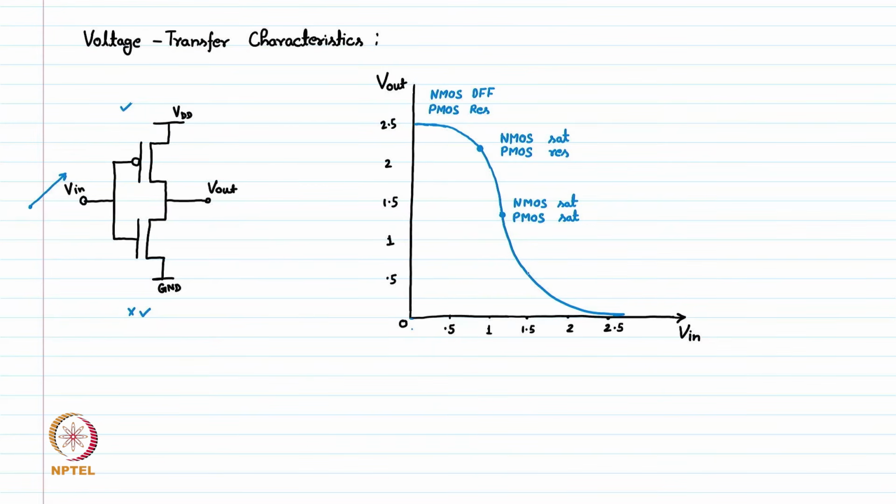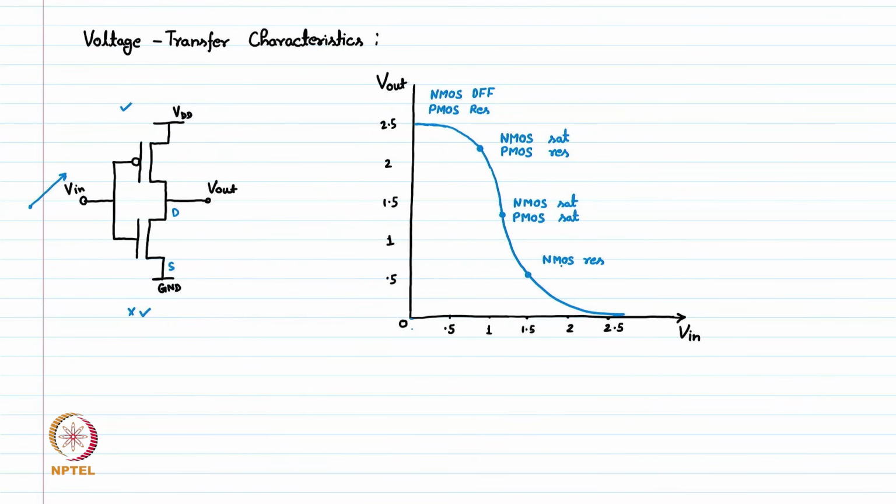As we keep on increasing the input signal, at some point NMOS will enter into the resistive region, because now the drain to source voltage is decreasing. It means VDS is decreasing, so it is no longer more than VGS minus VT.